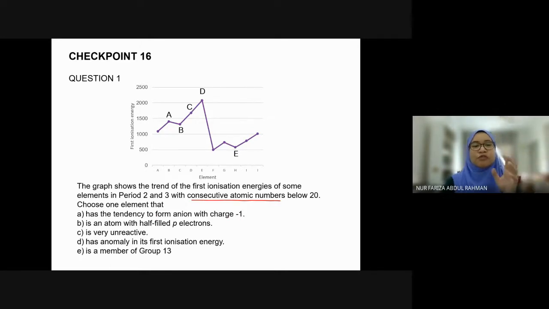So before we could answer this question, kita kena predict dulu the group that these elements belongs to. Kita kena predict dulu so that senang kita nak jawab. Okay, alright. So remember, that's why anomalies is very important. Okay, it gives us hint, dia indicate something dekat situ. So you should be aware of anomalies.